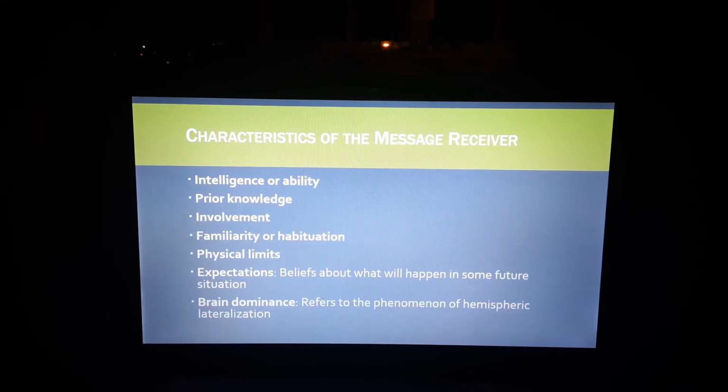The other thing is the characteristics of the receiver. How much do they understand? How intelligent are they, or what is their ability? How much do they understand about the product or the service that's being communicated about? How much information do they have about it? How involved and interested are they with it? Is it a product they're familiar with, they use on a regular basis?